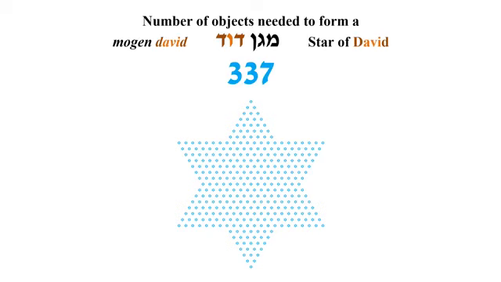There are some other numbers in there. One that's further down, you need 337. 337 dots will make a nice big Star of David. There's your 337s. How does he do this? How do you not believe the Bible when it's just loaded with these kinds of things?